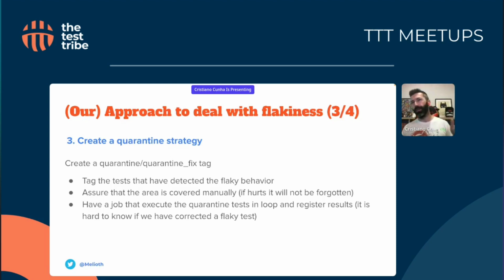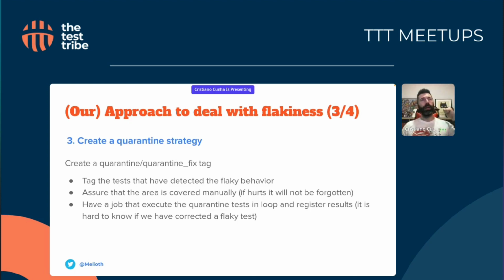And if it hurts, it will not be forgotten, because sometimes when you have these quarantine strategies and you are just adding quarantine tags to the tests, they are just forgotten there and never solved. If the people doing manual validations have one more test that they need to do that could be covered by automation, but it's not because it's in quarantine waiting to be fixed, it will help a lot.